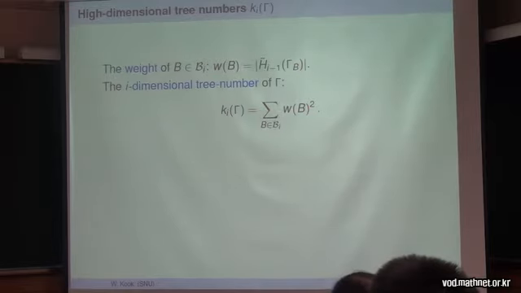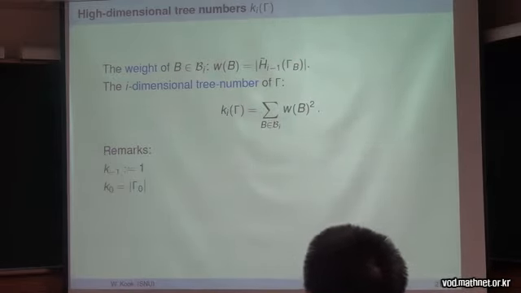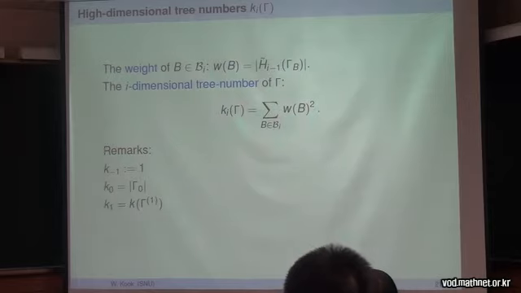If you want to count the number of spanning trees using the combinatorial Laplacian, this turns out to be the correct definition. So for example, we can define k sub minus 1 as 1, and k sub 0 will be the number of vertices, and k1 is the usual number of spanning trees of the 1-skeleton, and so forth. And also k sub d will be 1 if gamma itself is an acyclic complex.